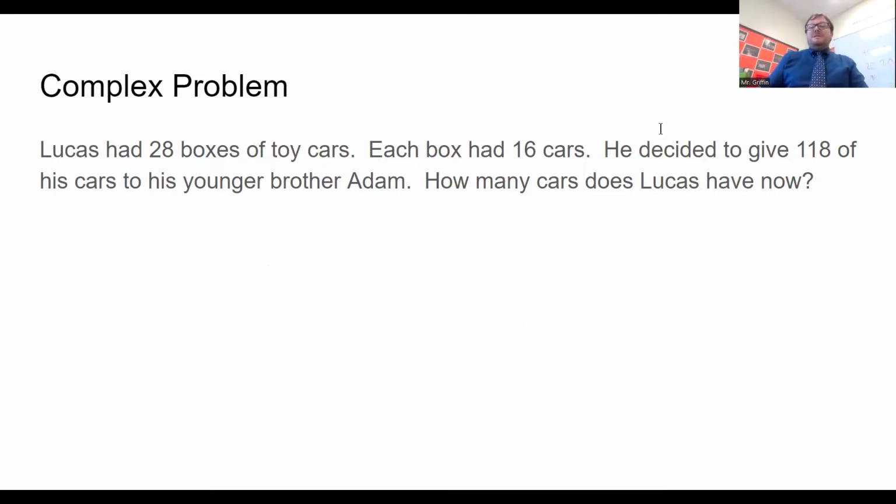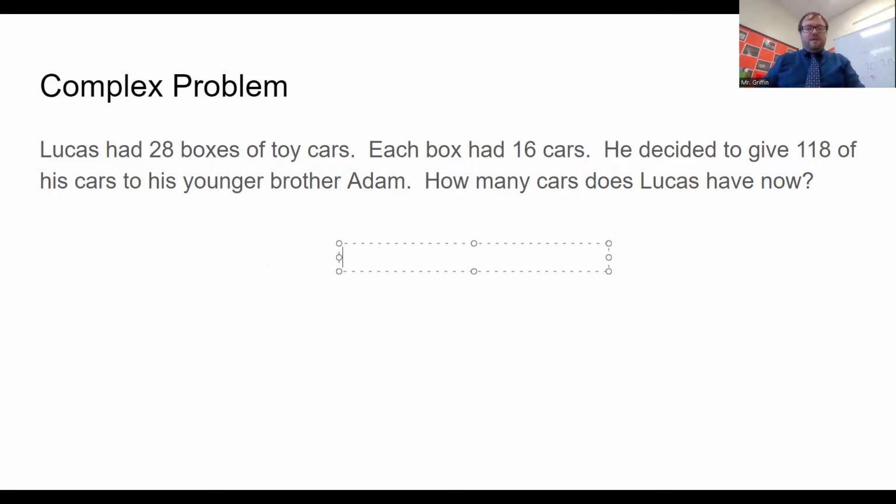All right, hopefully you selected subtract to figure out how many cars Lucas has now. So after we multiply, go ahead and subtract. You have the 448 minus 118. Do that now. All right, hopefully you came up with an answer of 330.